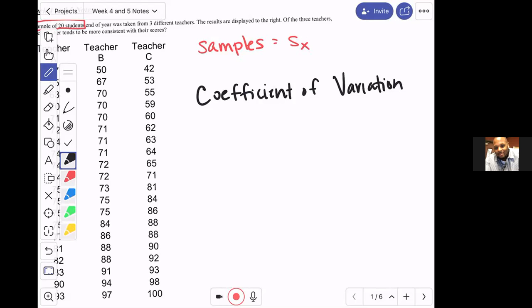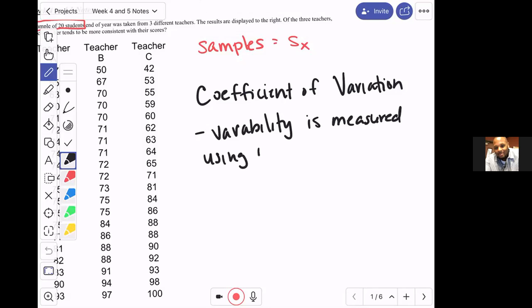So the variability is measured using the standard deviation, S of X, relative to X bar.